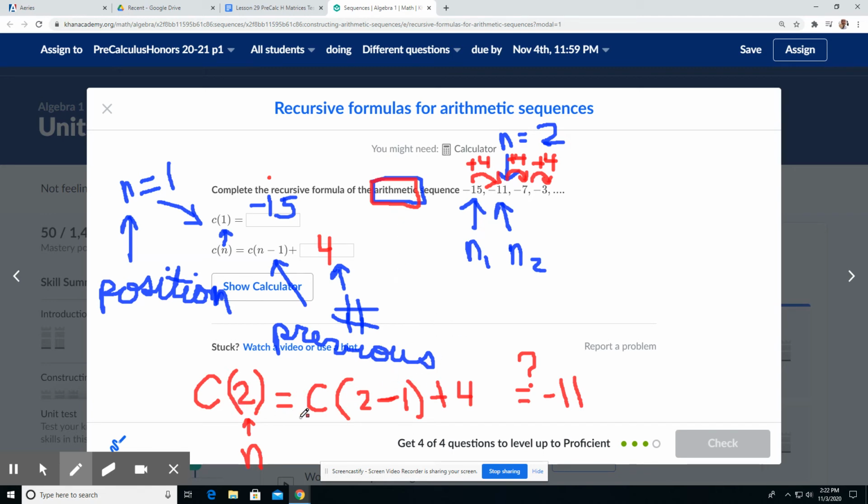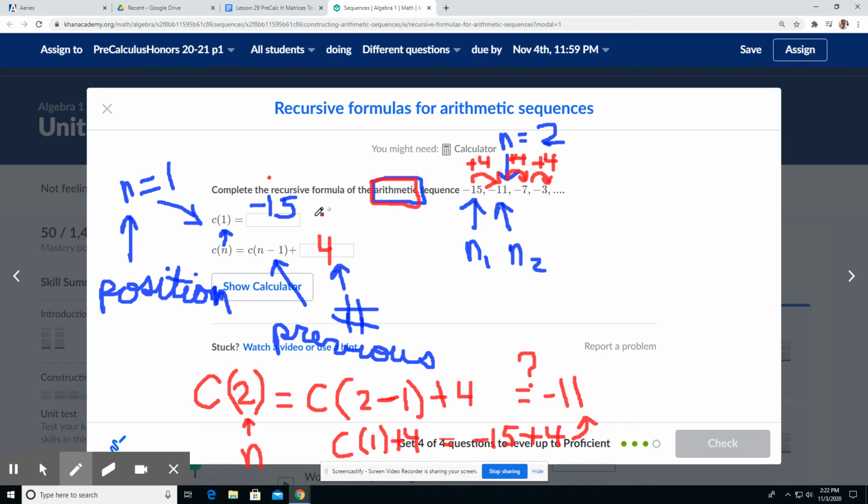All right, so C sub 2 equals, well, what's 2 minus 1? That's C sub 1 plus 4. What's C sub 1 again? Well, we just said C sub 1 is negative 15. That's how this works, negative 15. And then we're adding the 4 still. Does that equal negative 11? And it sure does.